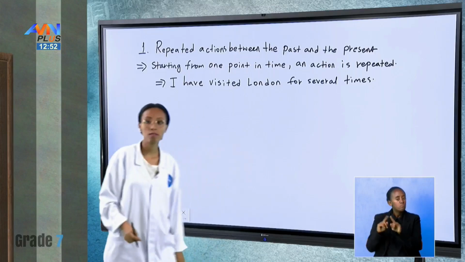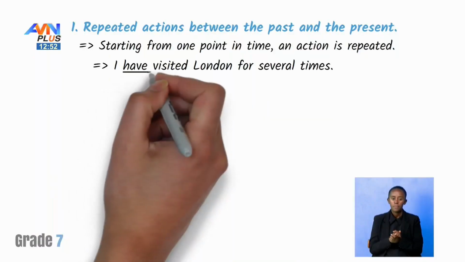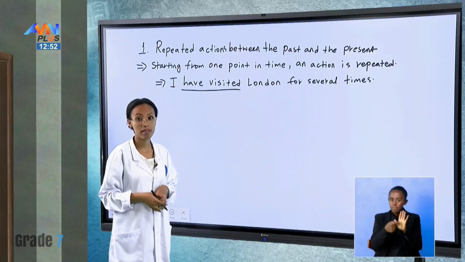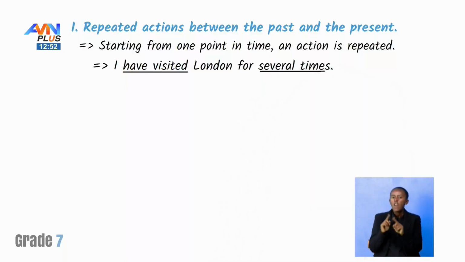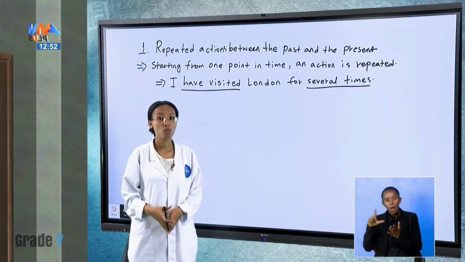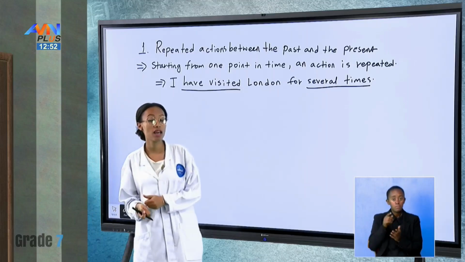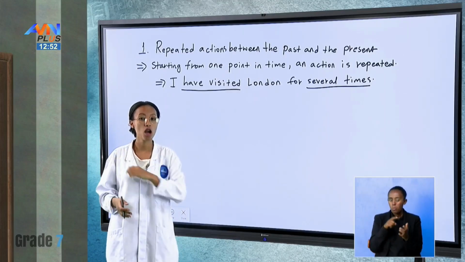So here, "I have visited" is what? An indicator of the present perfect tense, but what did we add here? We have given it repetition. We have said "several times," and that is showing us that this action was not completed at one point in the past, but has been repeated throughout.